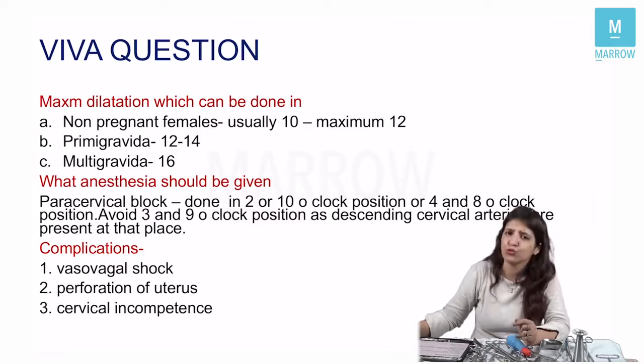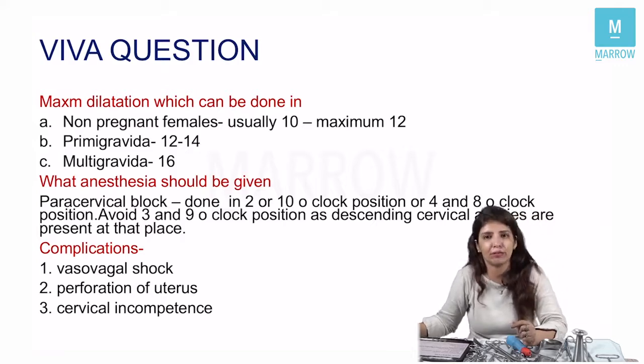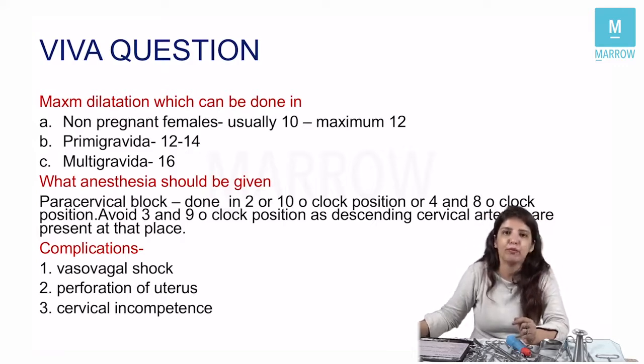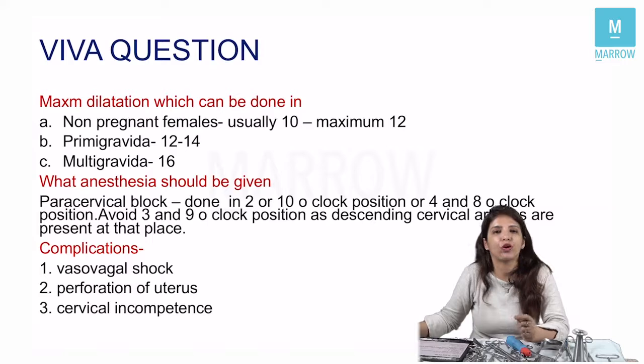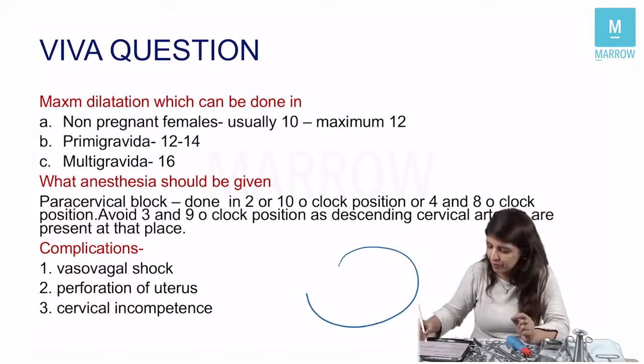Before you dilate, do you have to give any anesthesia? See, dilatation can be painful, so to prevent pain, you can give a paracervical block. When you say paracervical block, the examiner is going to ask at what sites you give it. A paracervical block is given either at 2 o'clock and 10 o'clock position, or at 4 o'clock and 8 o'clock position, right?